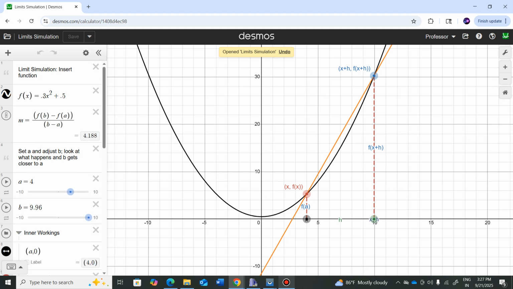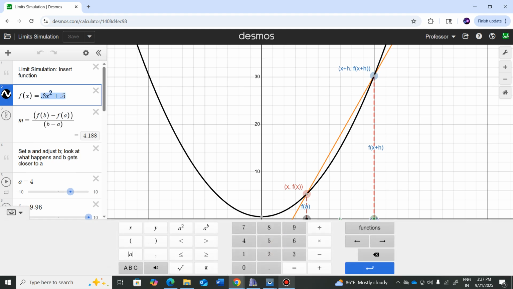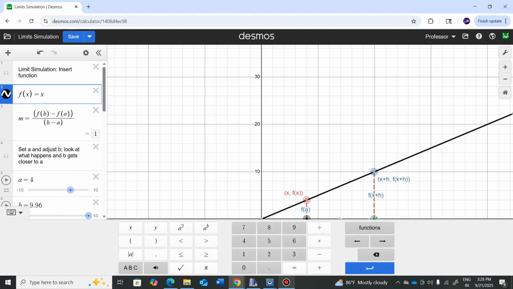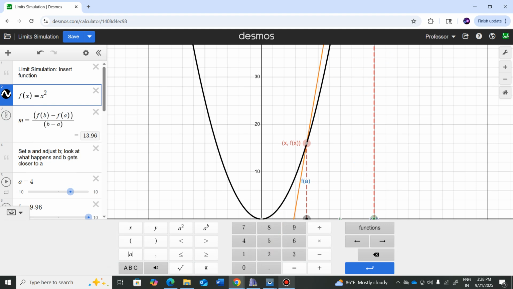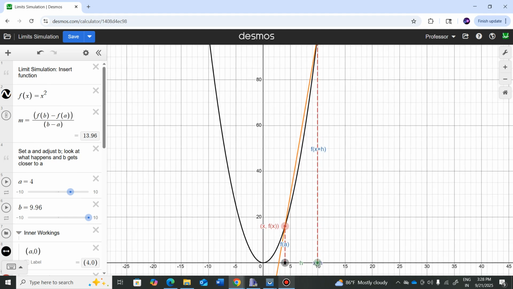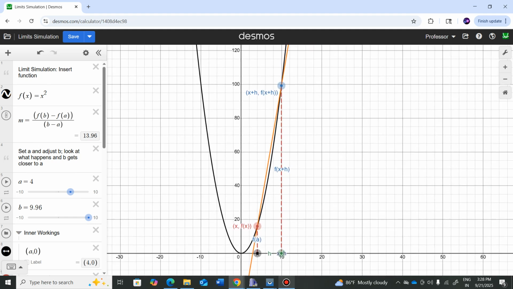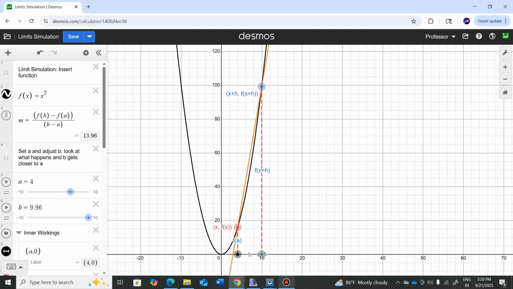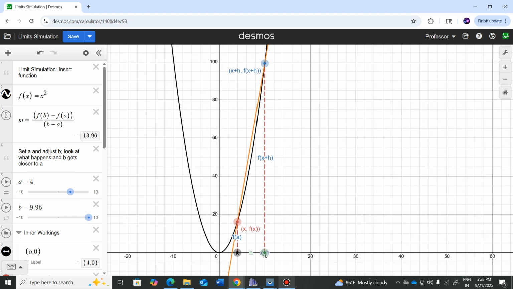So I'm going to change this to regular x squared. And so we've got 2 points here. Point A is where you have an x, and f of that x gives you that point on this graph.